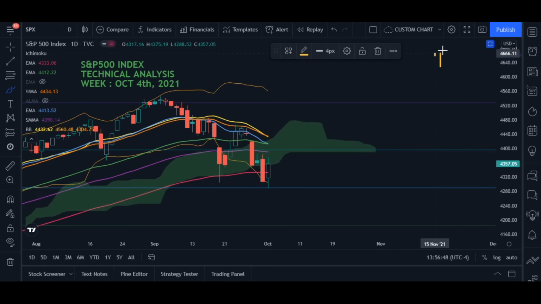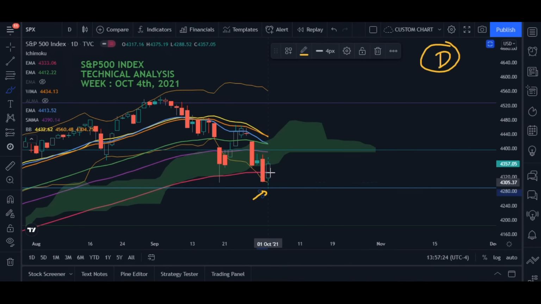Okay, we are here on the daily chart. These are the daily candles, not hourly or weekly candles. So the market was coming down. On this day, October 1st, Friday, in the second half there was a rebound in the market, because the market hit this support. This was very heavy support, as I mentioned in the last couple of videos also.